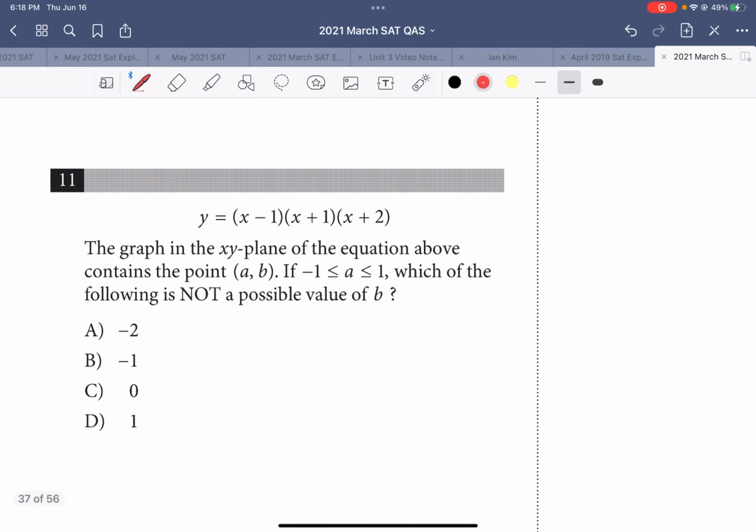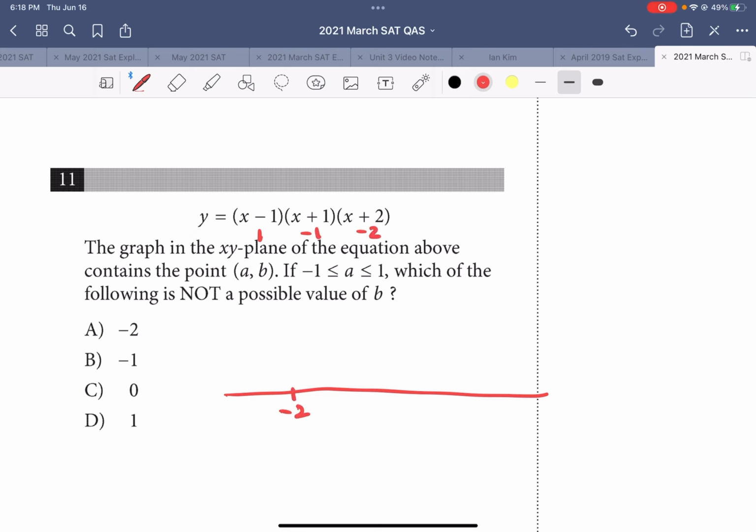11. The graph in the xy plane of the equation above contains A, B. Okay. And then which of the following is not possible for the value B? So when you graph that equation, the zeros are 1, negative 1, negative 2. So let's say here, negative 2, negative 1, 1. So when you sketch, the graph looks like this. And then your x value is between negative 1 and 1, which means from here to here.